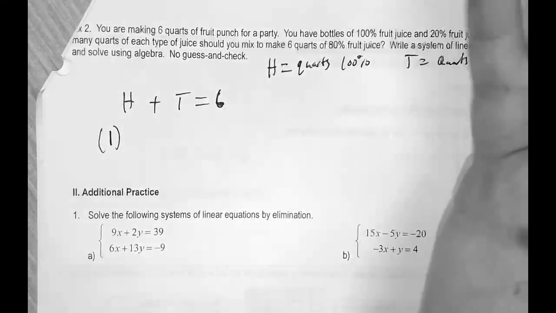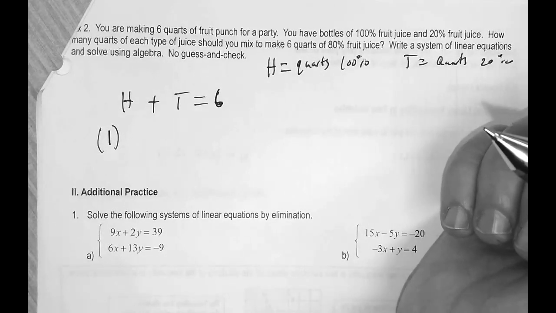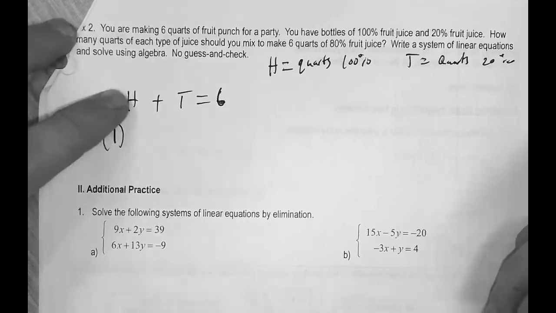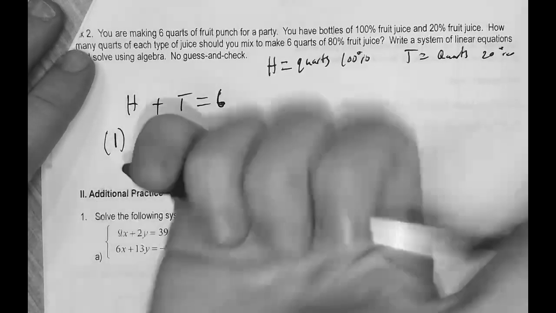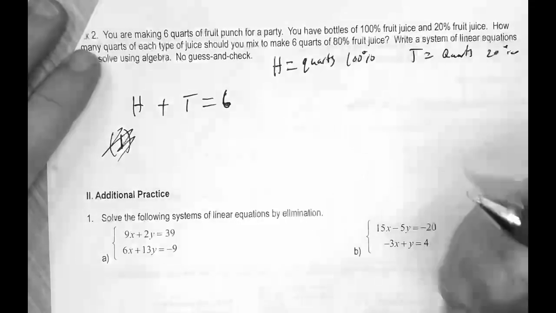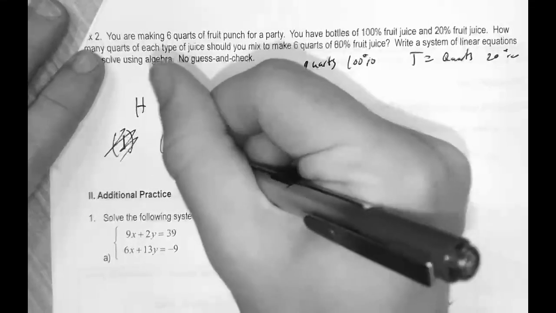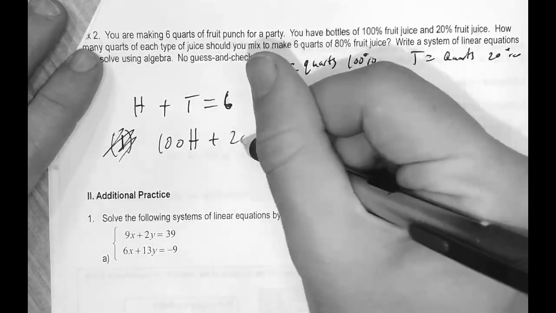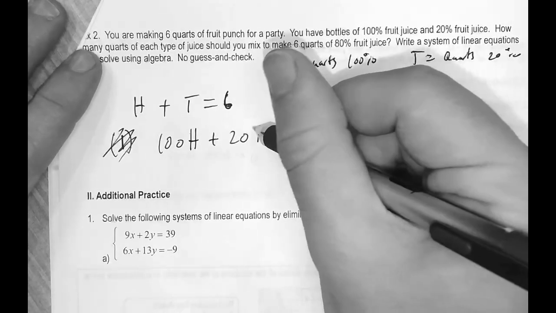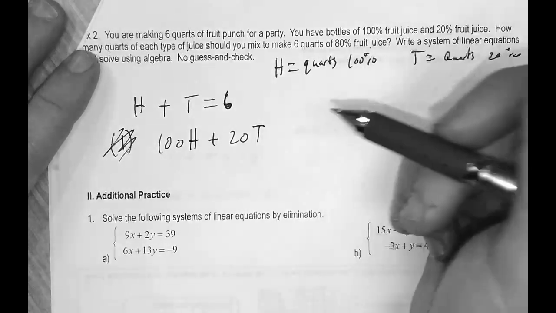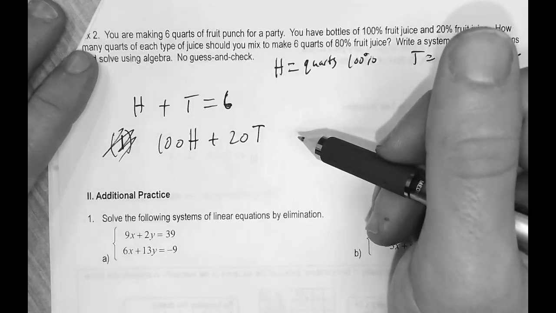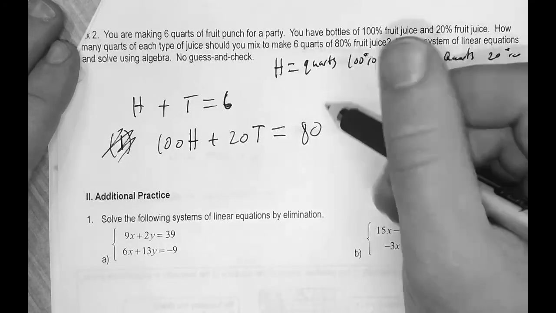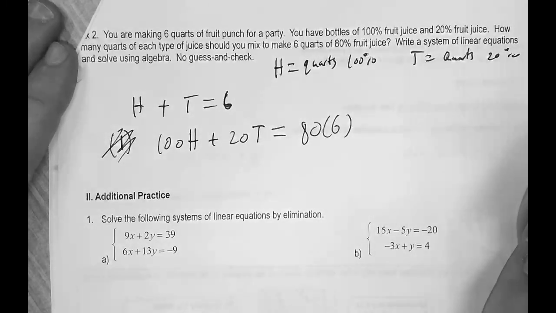We're going to placeholder that with 1. I think this would actually make more sense if we just stayed in percentages. So rather than saying 1, I'm going to say 100. So we're going to say 100% fruit juice H plus 20% concentrate fruit juice T needs to equal 80% times 6. It's got to be 6 total quarts.